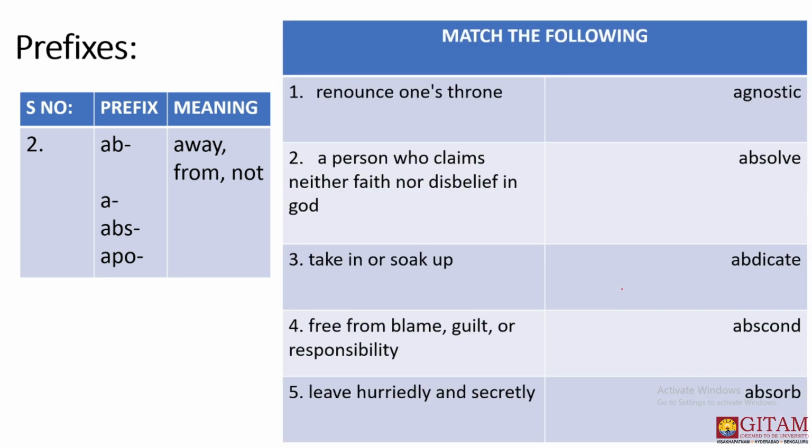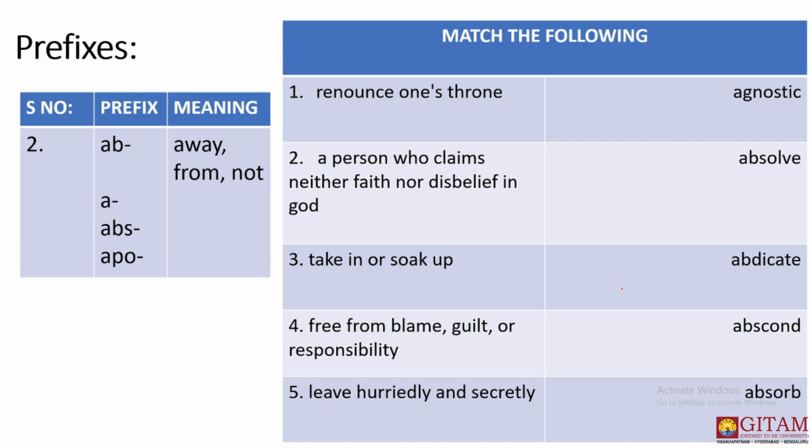Can you pause your video and quickly take this quiz? Come on, try it. Pause your video and try to answer these questions. Look at the first one. Renounce one's throne. What does it mean? Okay, let me put it simple.